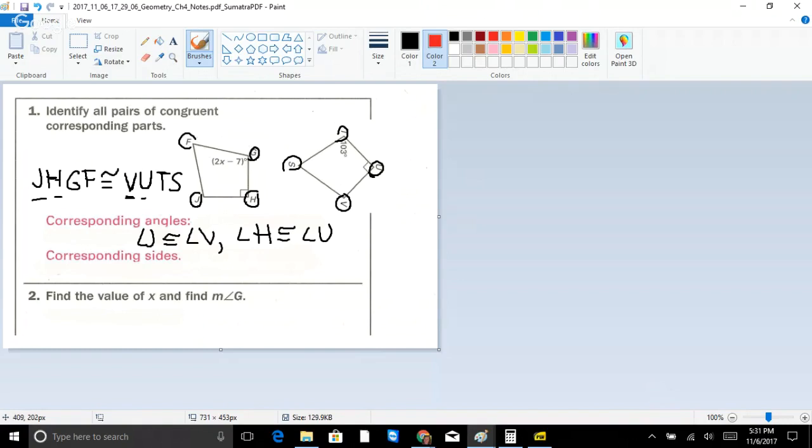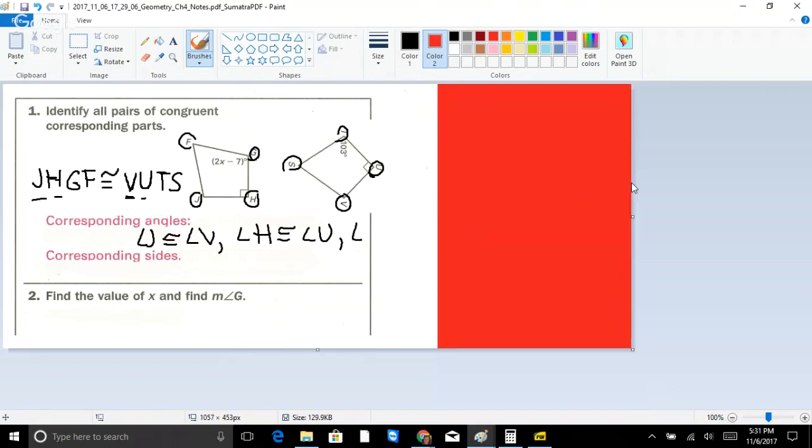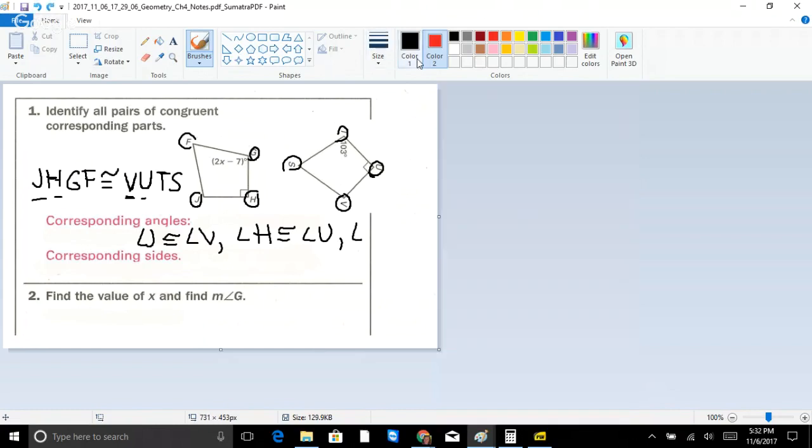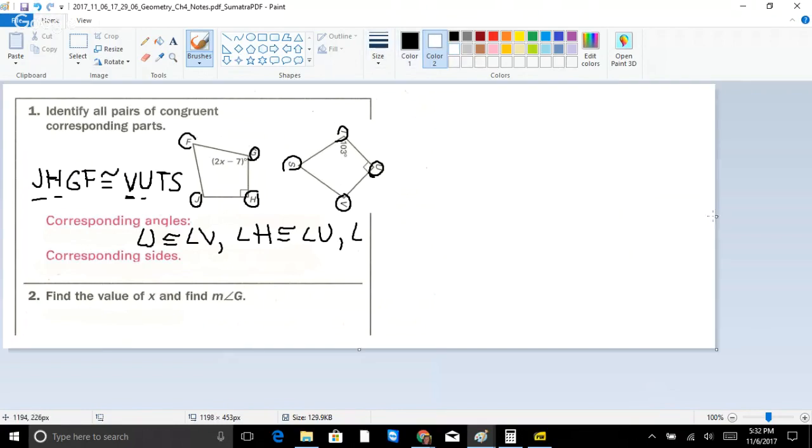Again, you can look at the figure to help you out too, right? I know that angle G is congruent to angle T.